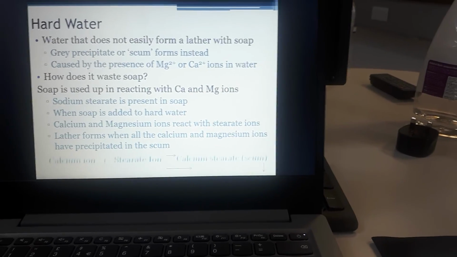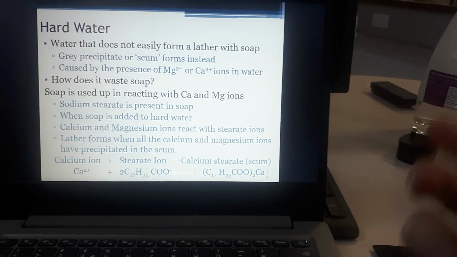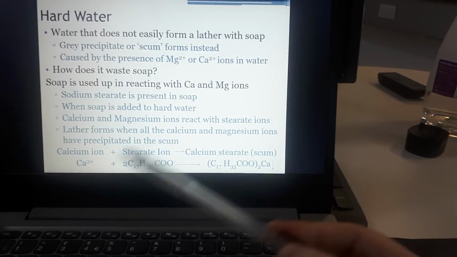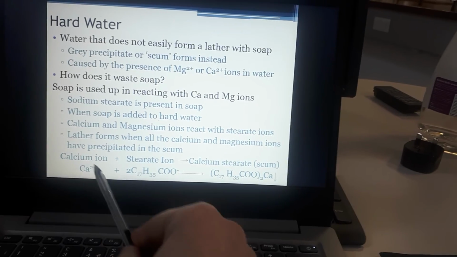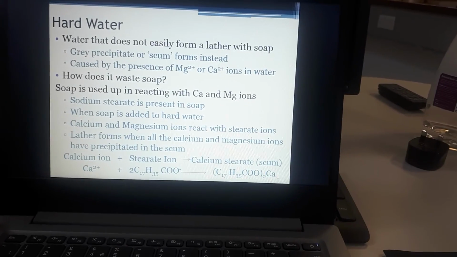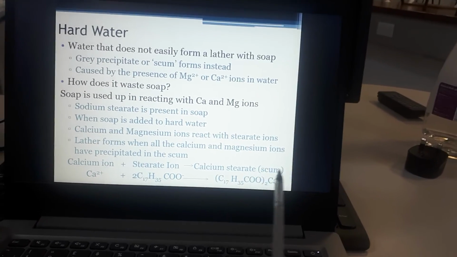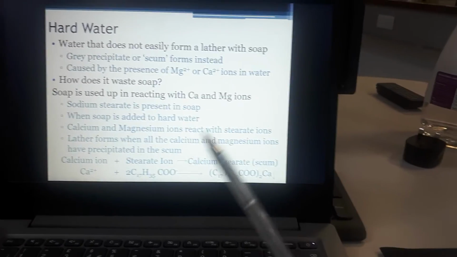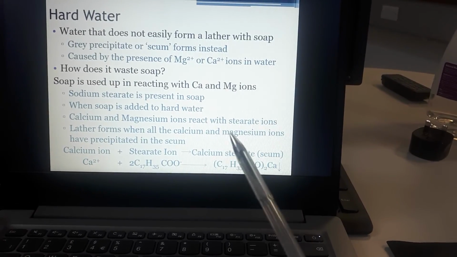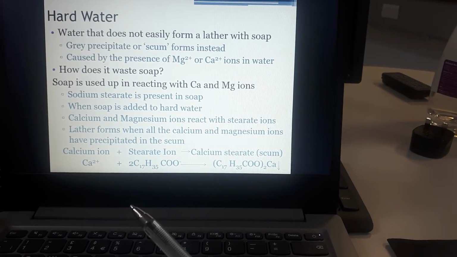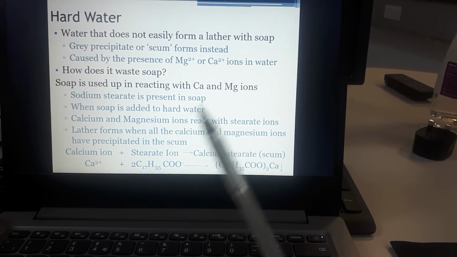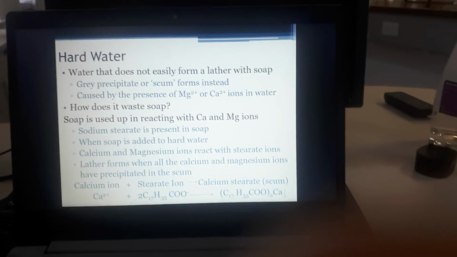So what you end up forming is basically a scum, okay? And only when all of those calcium and magnesium ions have reacted will you then end up with a lather. You don't need to know that equation, but it is just there to show you how soap is wasted when I use up my hard water in order to react with my calcium and magnesium ions.